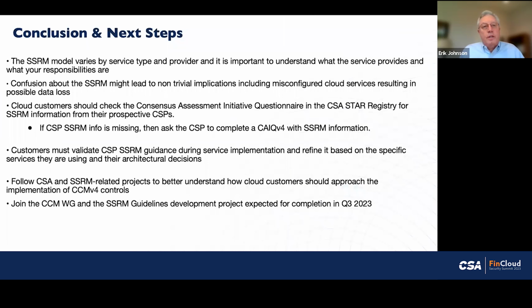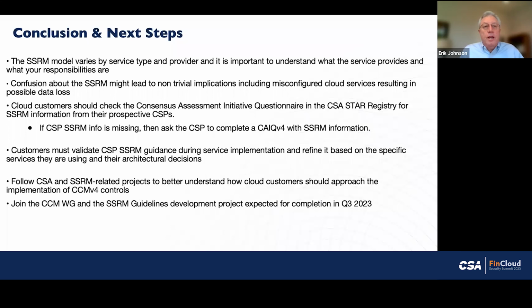So as we mentioned, the SSRM delineation varies by service type and by service provider, particularly for technical controls, based on the services they offer and what they implement. And it is really important to understand what the CSP does for you and what they're leaving in your hands, what you're accountable for.